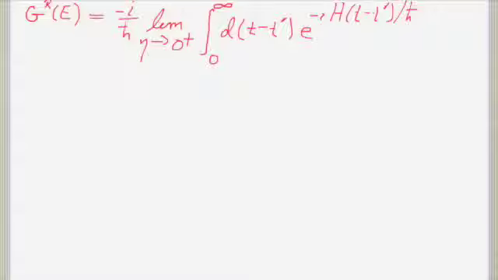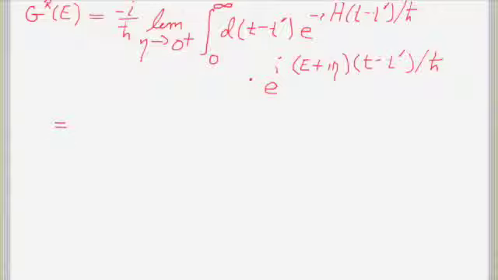and then my Fourier transform pair with this convergence factor, e to the i (E plus i eta)(t minus t prime) over h bar. So we're just asked to do that integral. And since you have that convergence factor, you just do it like you would any exponential.